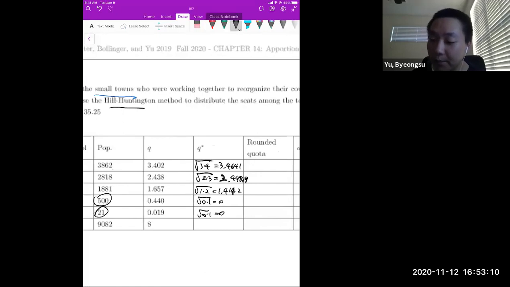If you compare Q and Q star, in the first line, Q star is greater than Q. But in the second line, Q is greater than Q star, and for the other lines, again, Q is greater than Q star.